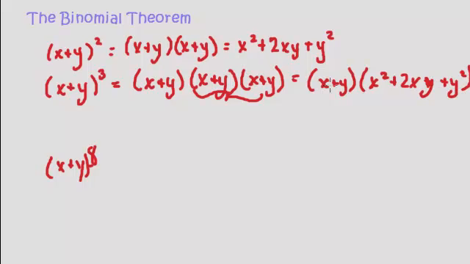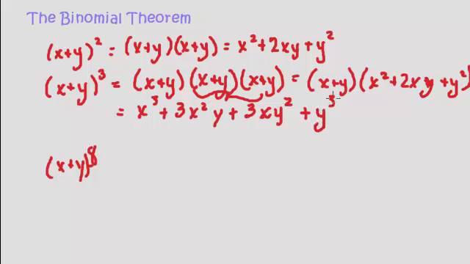Now I have to take the x, multiply it by each of those, take the y, multiply it by each of those, and then combine like terms. What you'll end up with is something that looks like x cubed, and I'm not really going to do it because it would take too much time. You can do that at your leisure. Just pause me if you don't believe it, and you would see that this is what you would get. And you go, yuck.